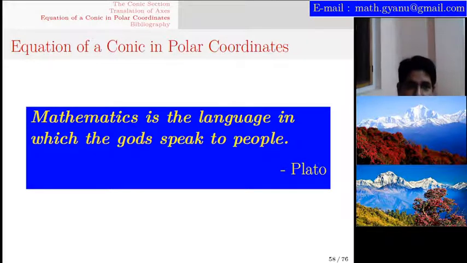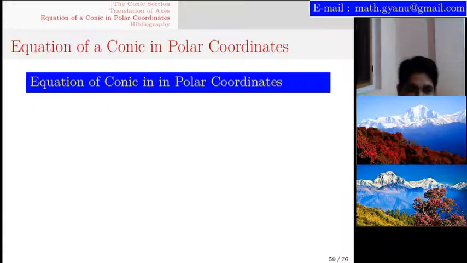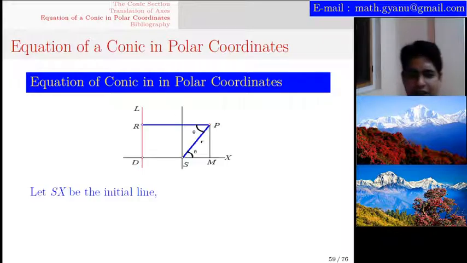So, the equation of a conic in polar coordinates.